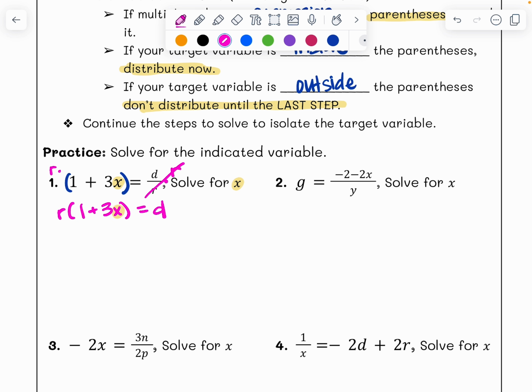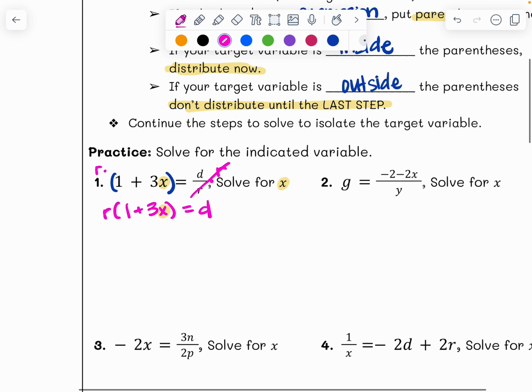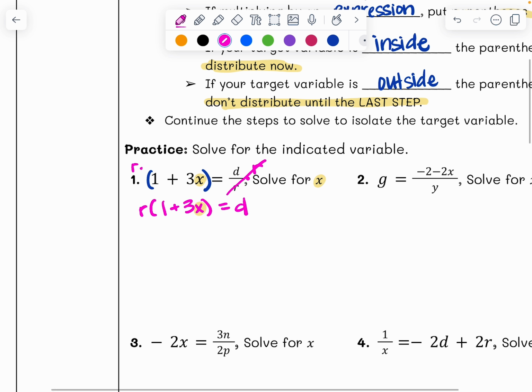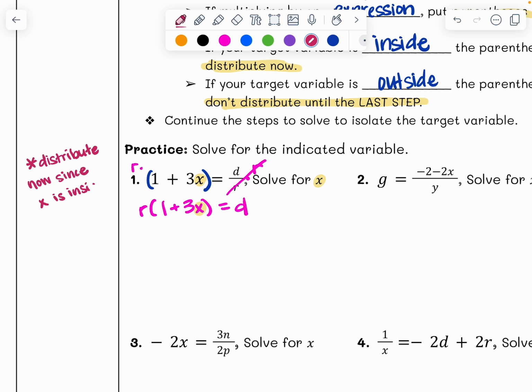It's inside the parentheses. So that means I'm going to distribute now. So I'm going to put a little note here. Okay, so I'm going to distribute now, since x is on the inside.